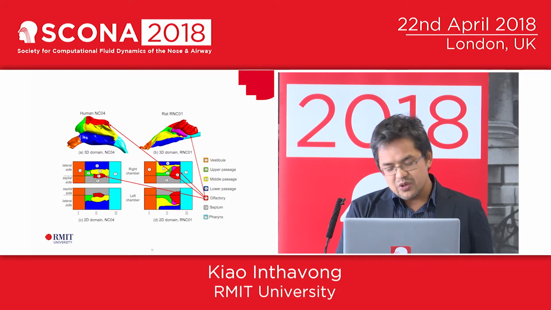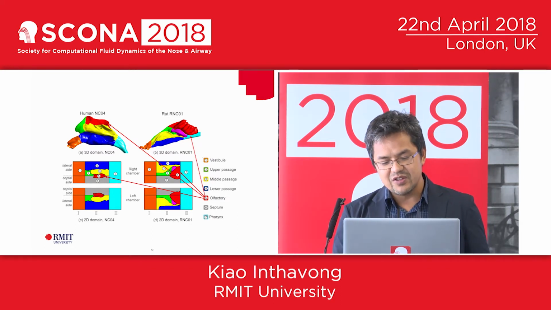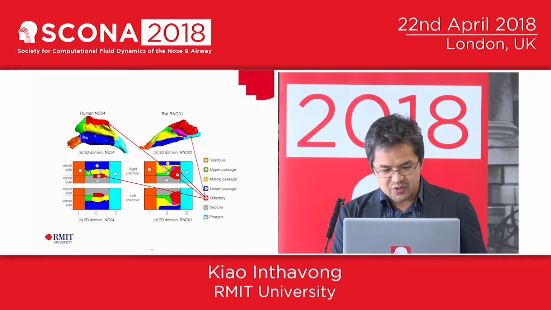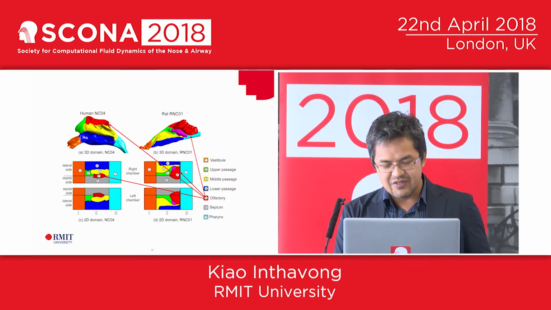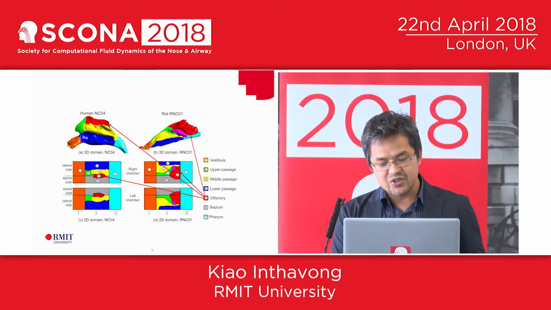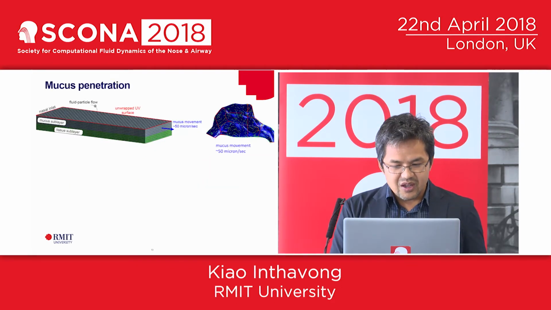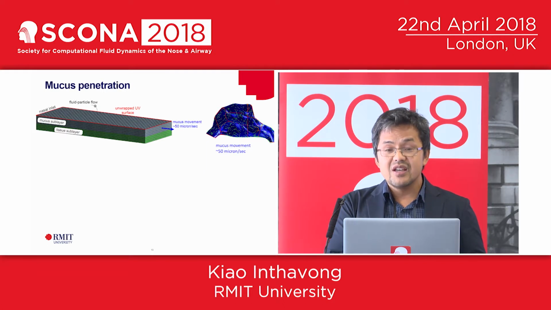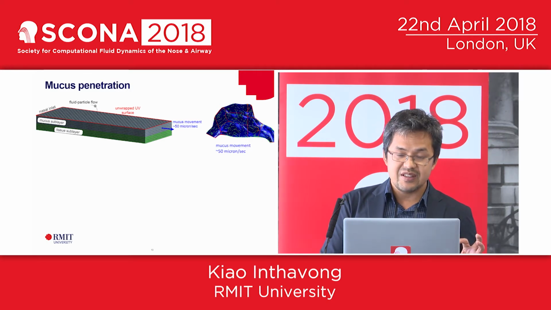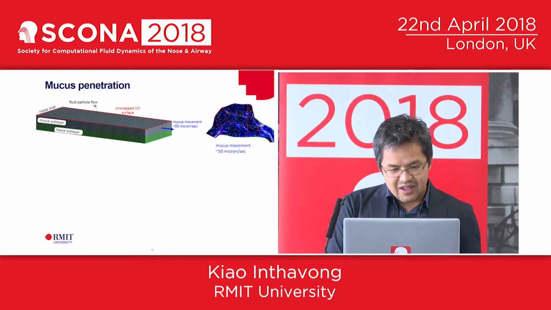Okay, so we also worked a lot on the rat nasal cavity just because of our toxicology work. The nasal cavity geometry is a lot more complex, but we show that it is still possible to do the unwrapping method. So when you have that in 2D, we thought, why not extrapolate down, and then you have a 2D surface which is also representing the mucus sublayer.